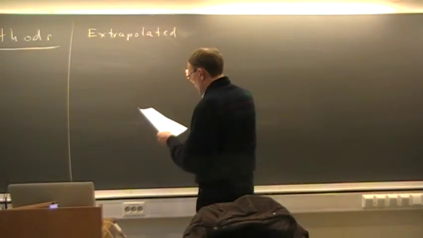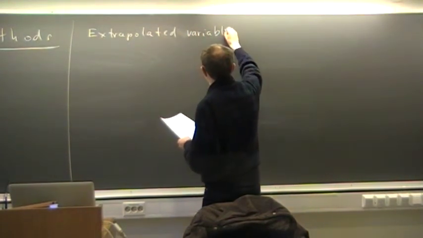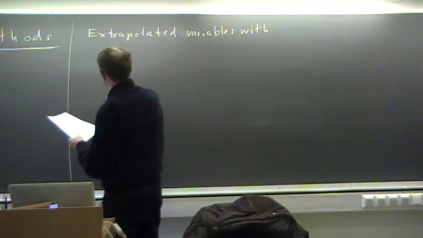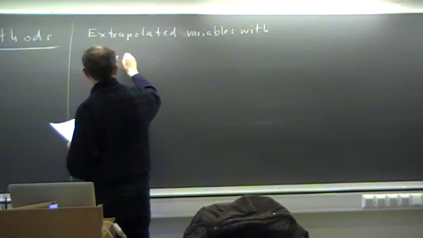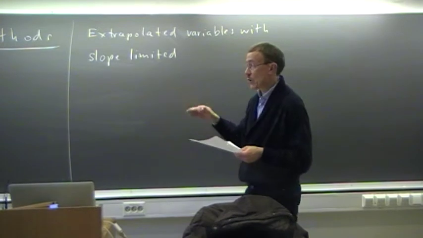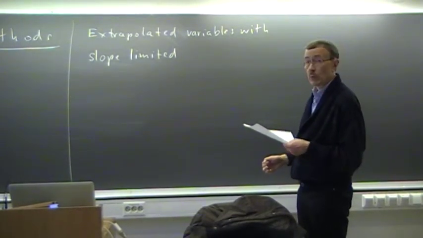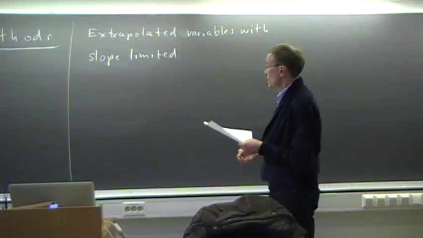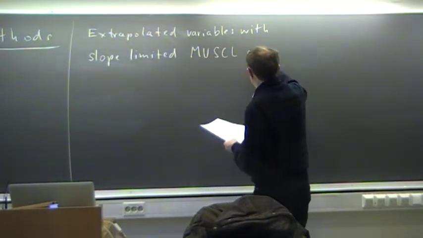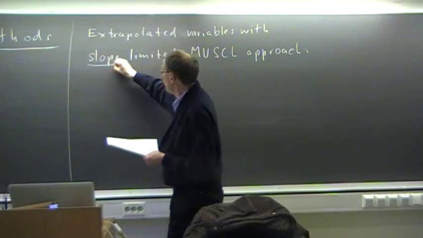But let's call it extrapolated. The extrapolated conservative variables that we get with the slope limited MUSCL approach, because our slope is not the one that we take straightforward, but we limit it in the sense as we just discussed. And the following.